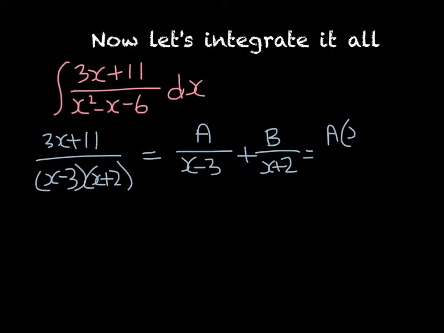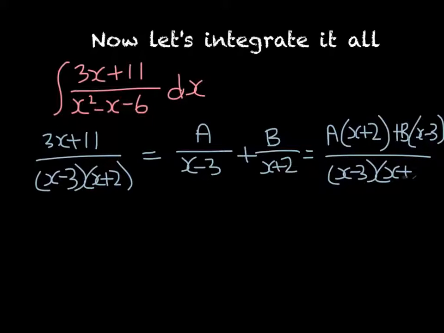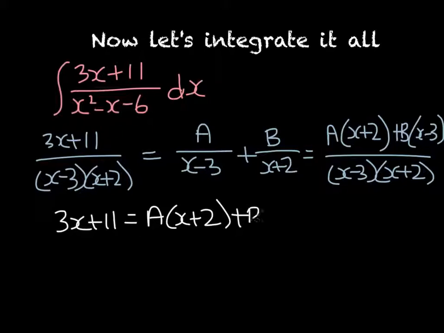So now that gives us the equation here. At this point, we can say that 3x plus 11 equals a times x plus 2 plus b times x minus 3 for all x.